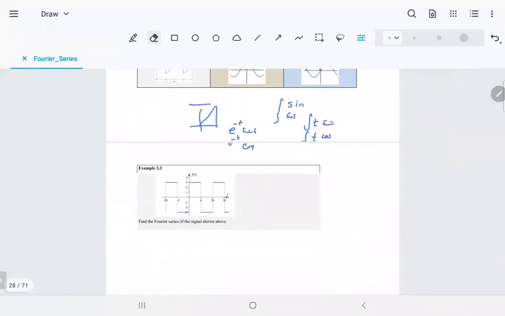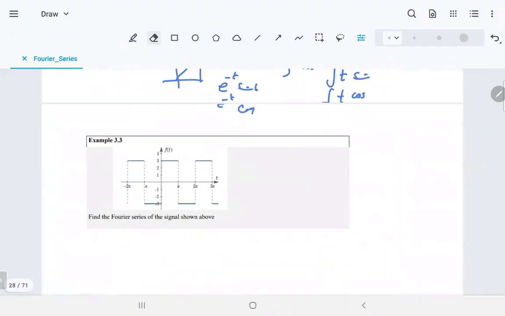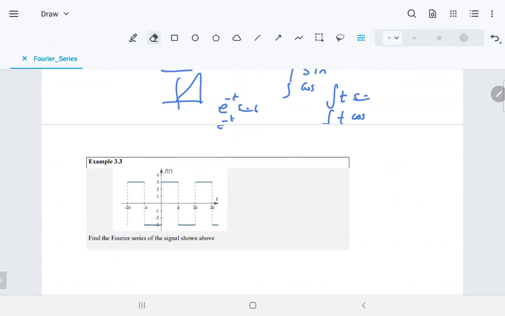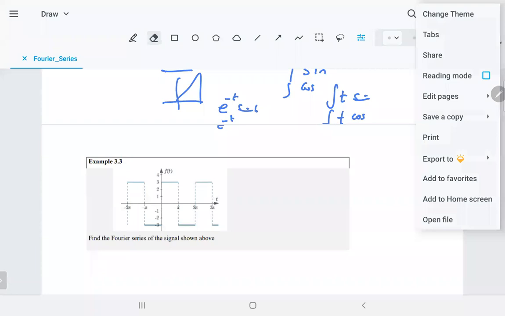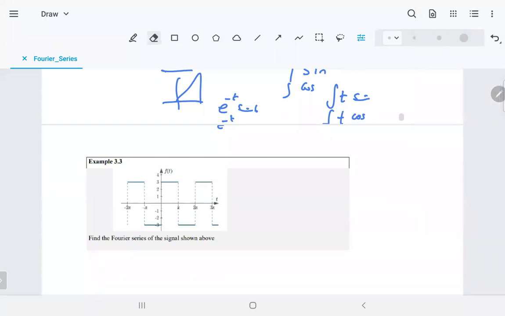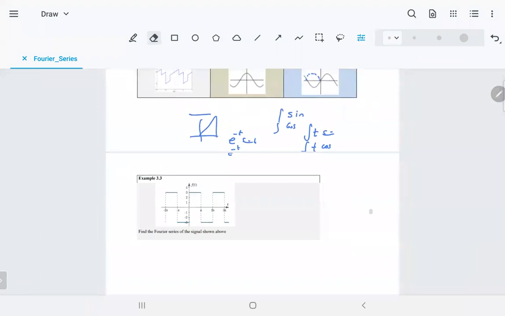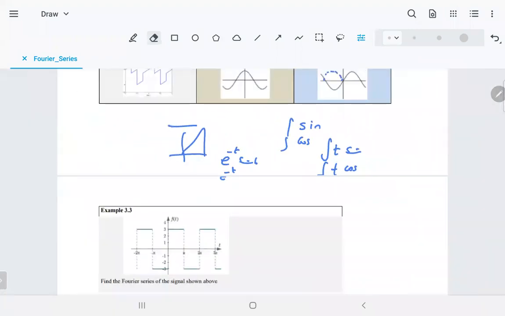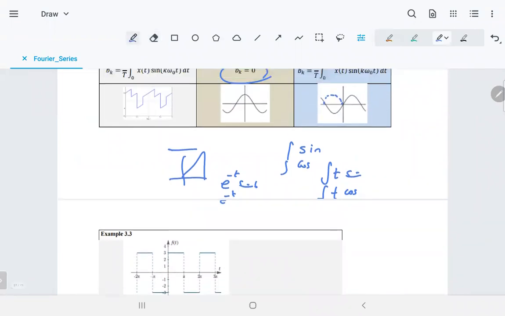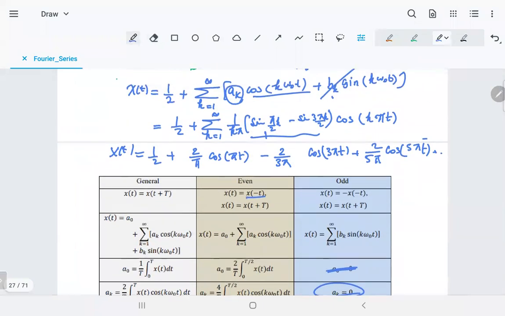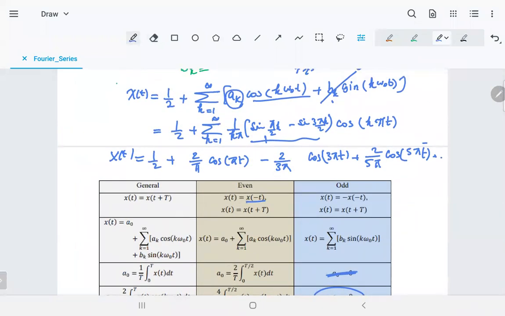Important about, sometimes when you read the expression for, it's sometimes hard to read it.